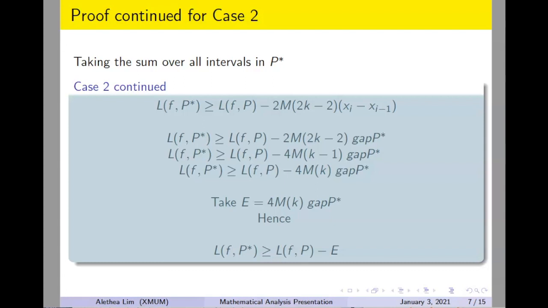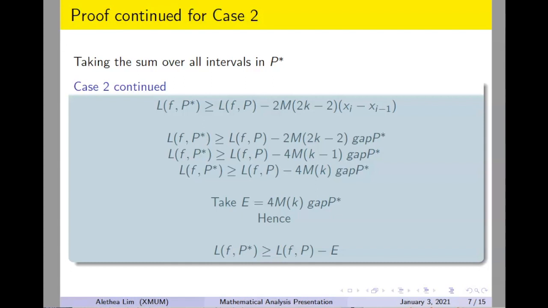So we have that the Darboux lower sum of f, P star is greater than or equal to the Darboux lower sum of f, P minus 2M(2k minus 2) gap P star. And the third line gives us that the Darboux lower sum of f, P star is greater than or equal to the Darboux lower sum of f, P minus 4Mk gap P star.